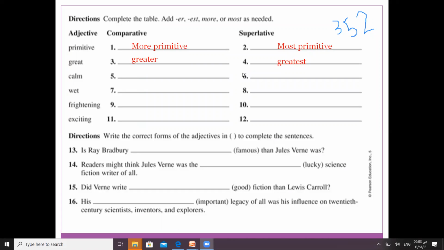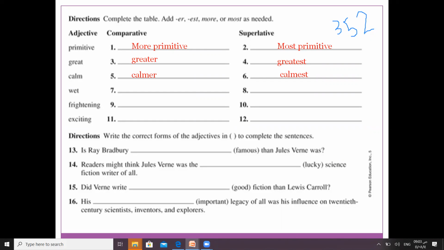Okay, class, now calm. What do you think the answer will be for calm in comparative and superlative? Yes, in comparative, we will add ER, calmer, and in superlative, calmest.